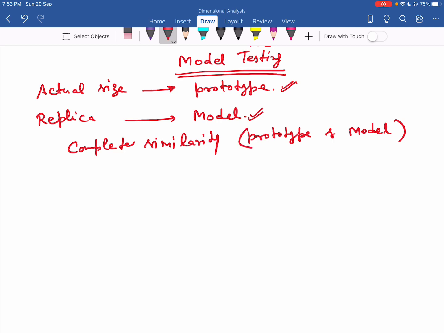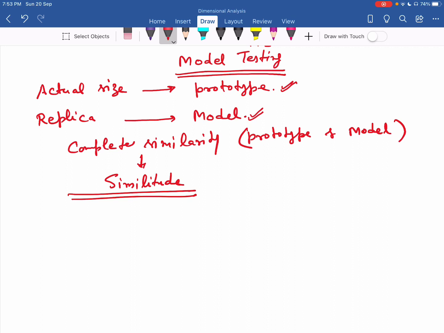So for the prediction to be accurate, there should be a complete similarity between prototype and its model. This complete similarity we call similitude.